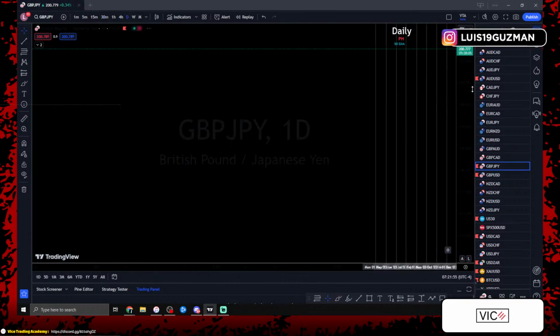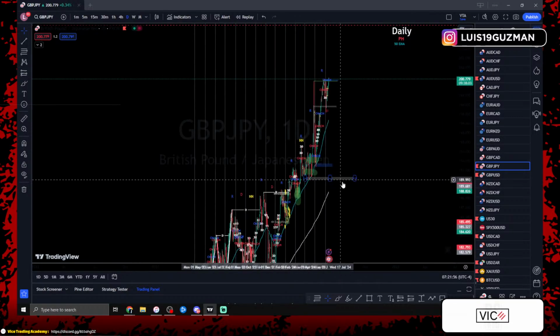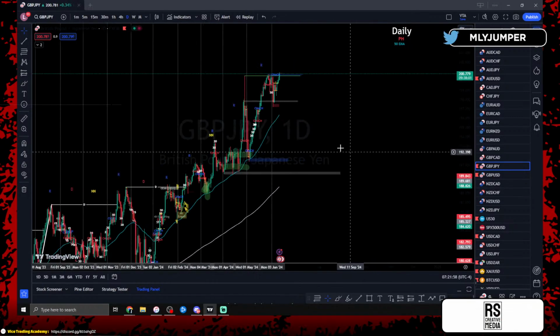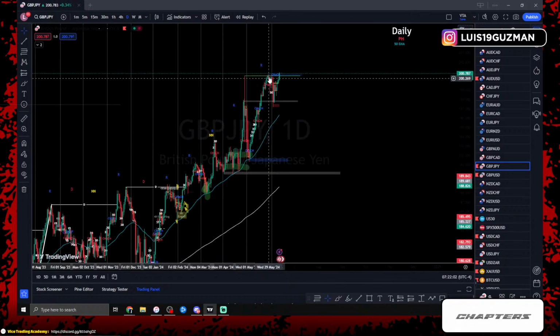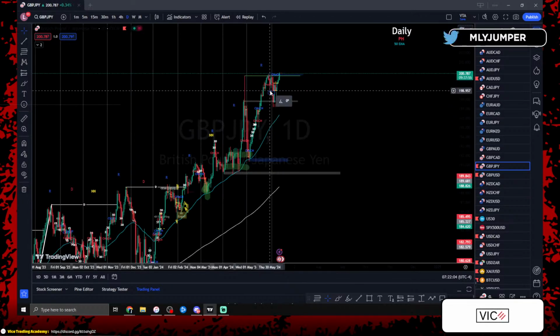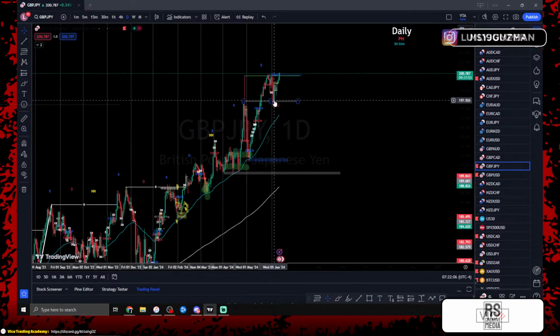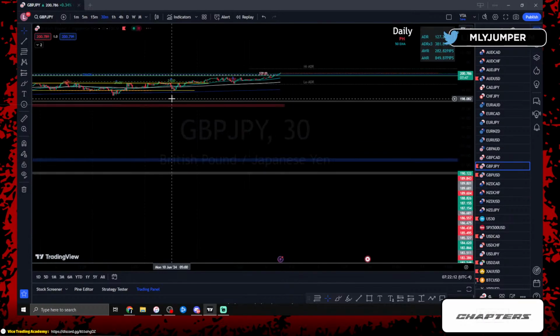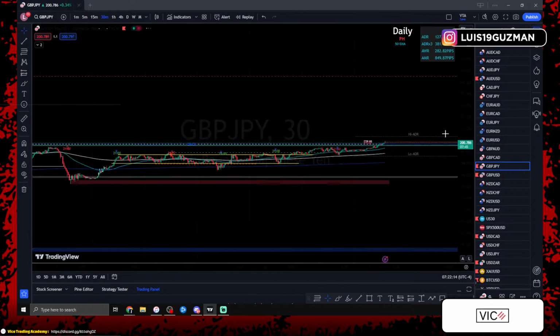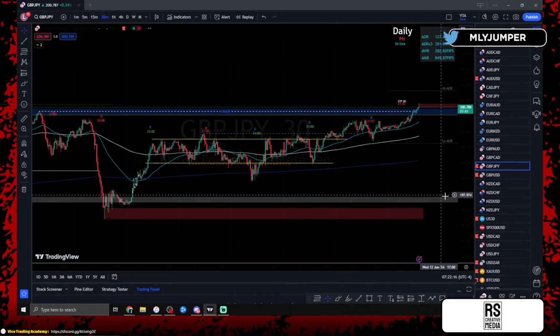If we go to the daily time frame, you'll see higher high, higher low, higher high. In the 30-minute time frame, this change of character break of structure was just a higher low in the daily time frame. So again, this is why understanding market structure matters, it doesn't matter what strategy you're using.